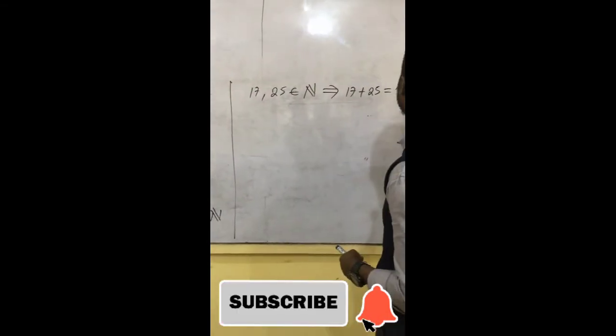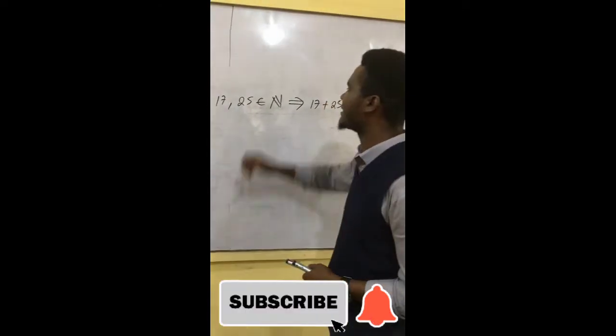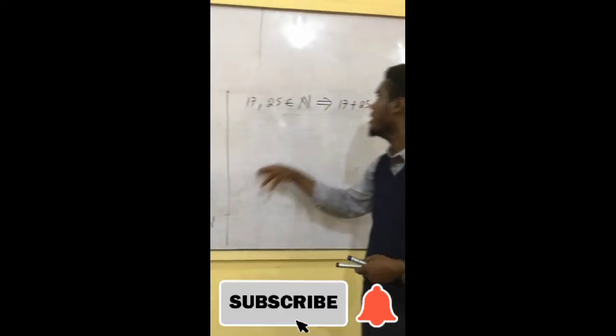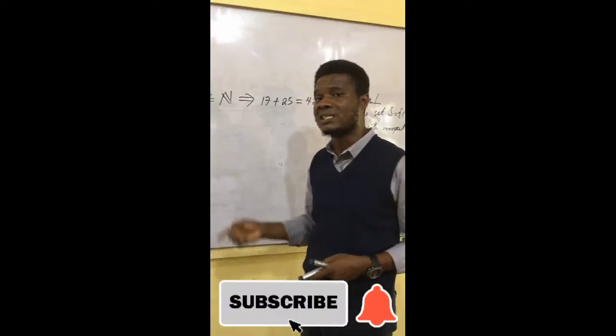And 42 is also a member of N. Now, this simply means that N, provided any two elements chosen at random from the natural number system give you a result in the natural number system, the natural number system is closed.